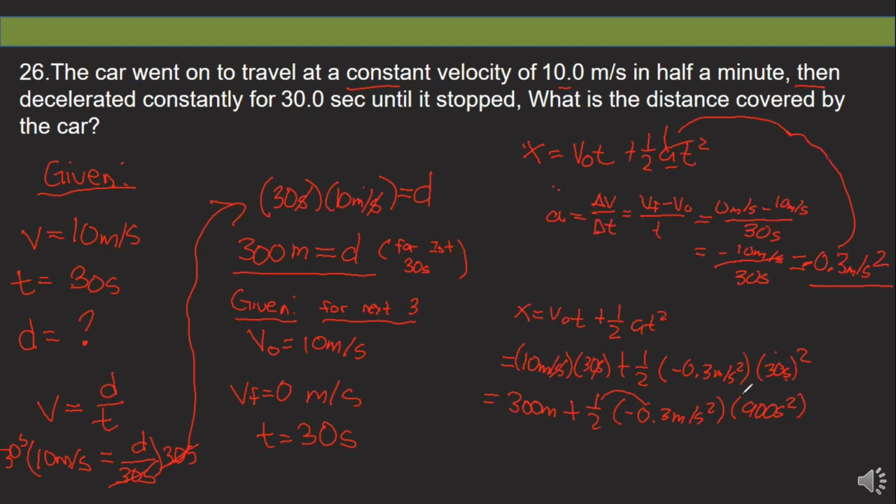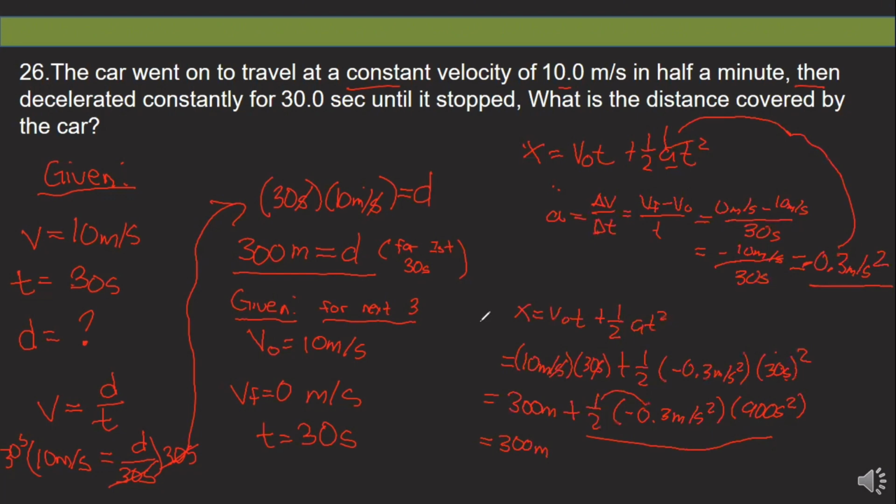Let's rewrite 300 meters. Then let's compute the value of this one: 1/2 times negative 0.3 times 900.